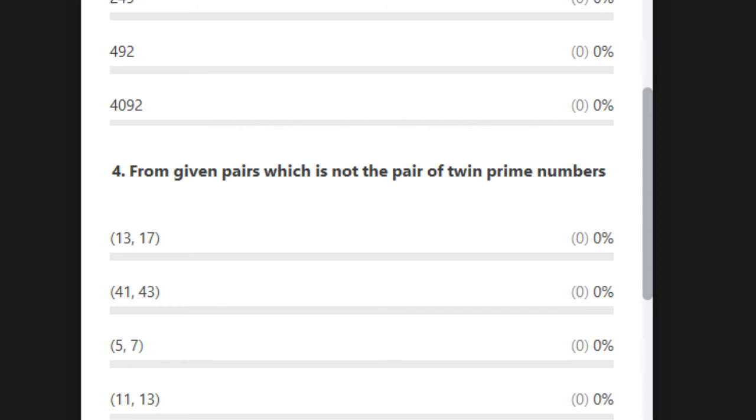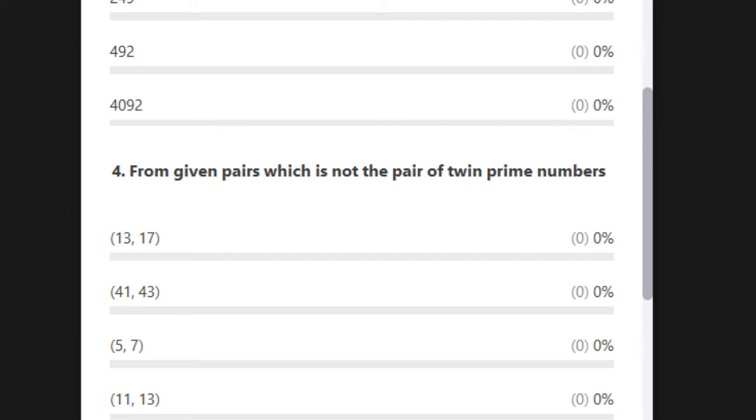Next. And next is the fourth question of the third round. Second last question of today's quiz. And there is a question on your screen.